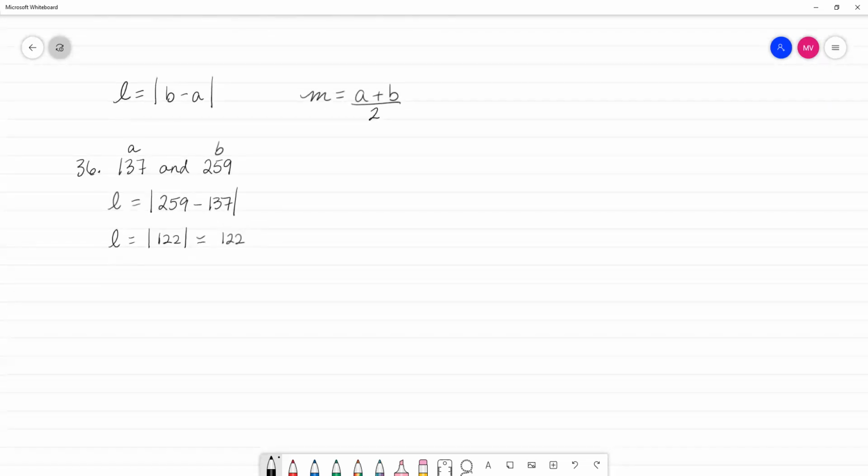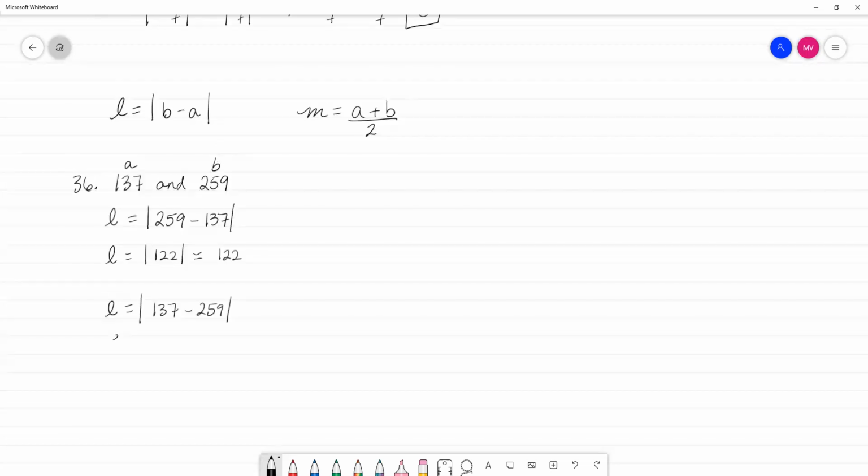Let's check something really quick. What if we did it the other way? What if we did the absolute value of 137 minus 259? Well, then we would get negative 122, and the absolute value of a negative number is 122.